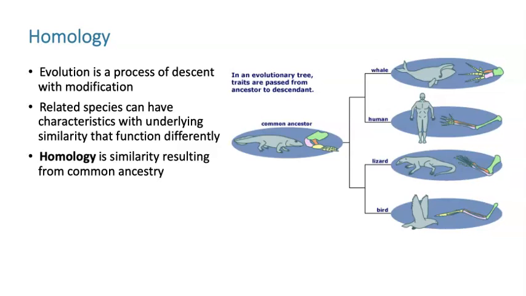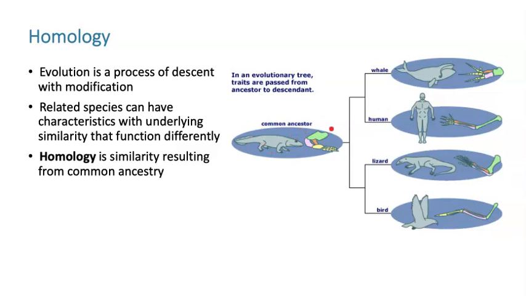The next concept that we're going to talk about is homology. And homology is the idea that similar traits are passed on because your ancestor had them. So remember that evolution is a process of descent with modification, right? So what this means is that related species had a common ancestor.